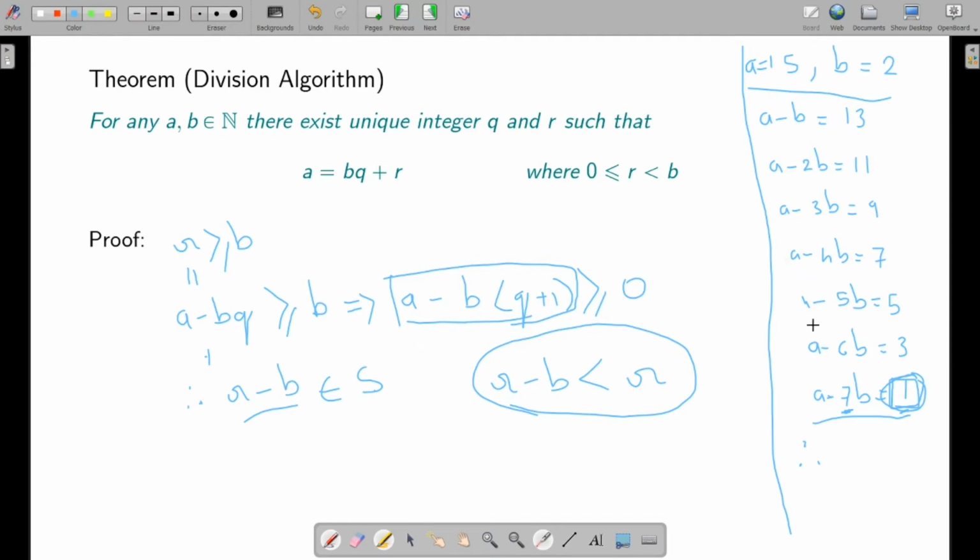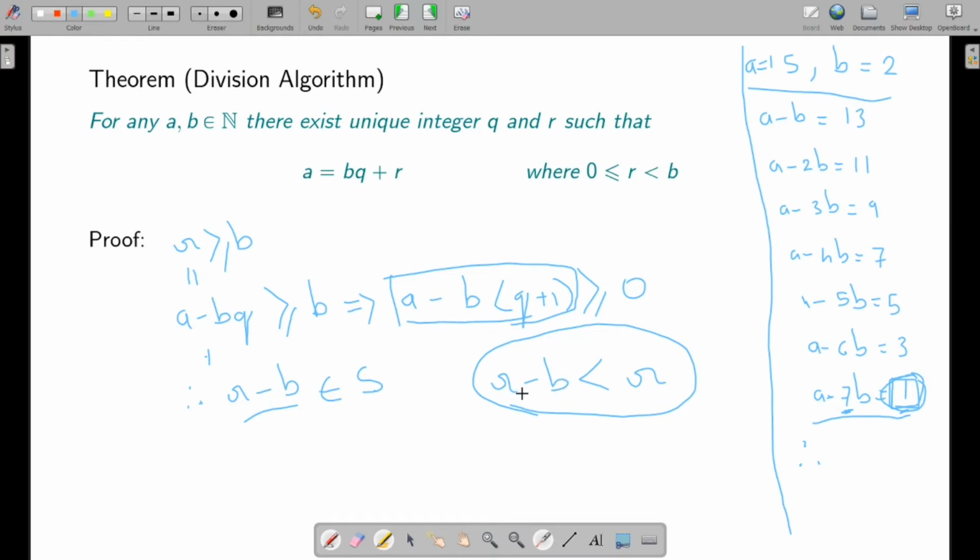So if you go one more step, this is exactly going that next step. You're taking that r and you're subtracting b again. It should not remain positive because I have done it till the last positive stage.